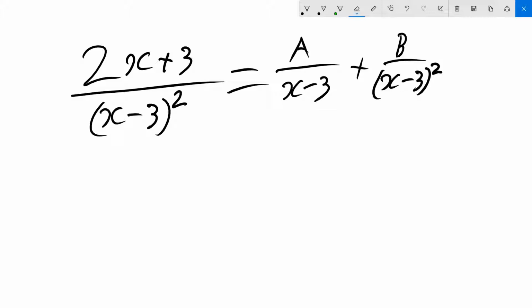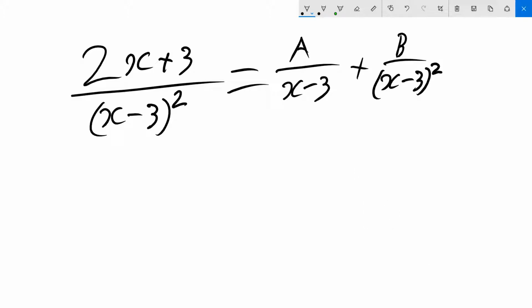So what we do to this one, we don't square this fraction over here with the B on top. We're going to actually times this first fraction by x minus 3, so they can share the same denominator again and solve from there.